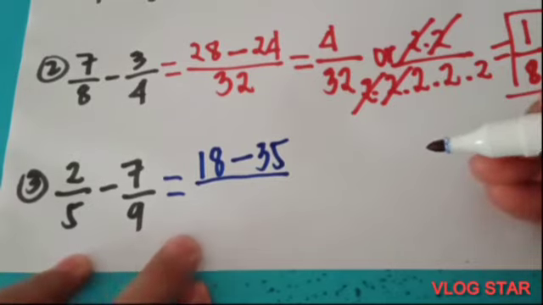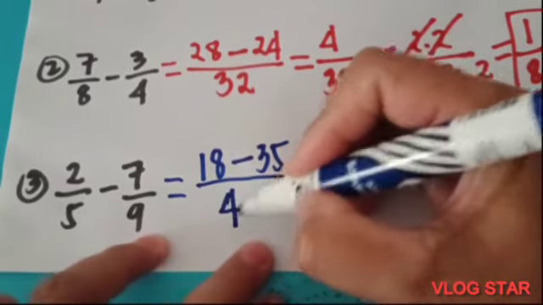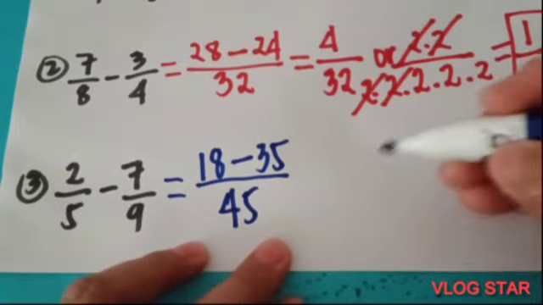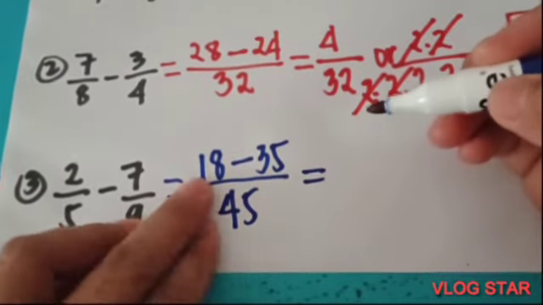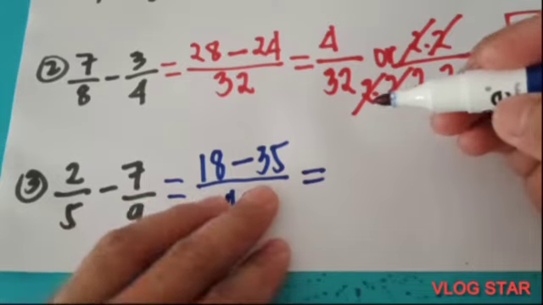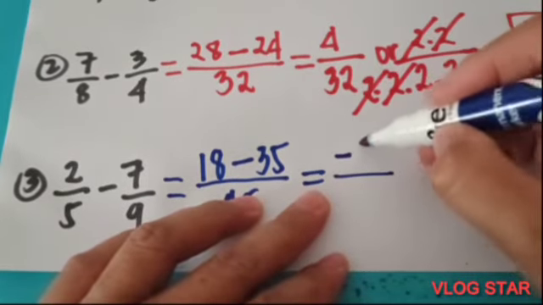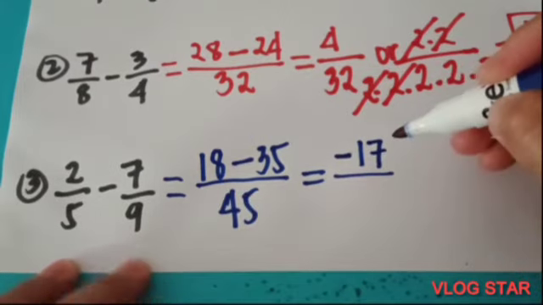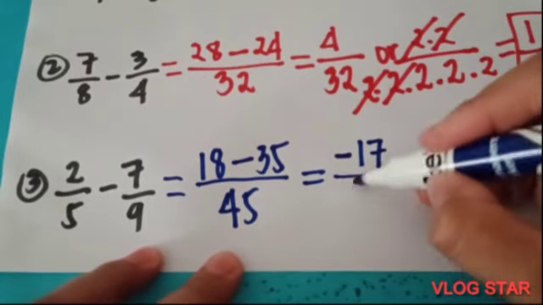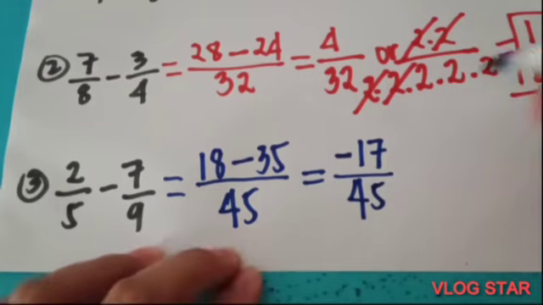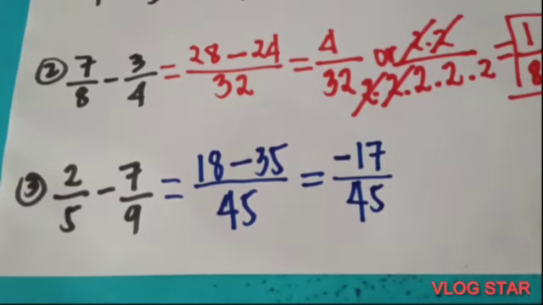Tapos 5 times 9 is 45. So, subtract 18 minus 35 is negative 17. So, over 45.